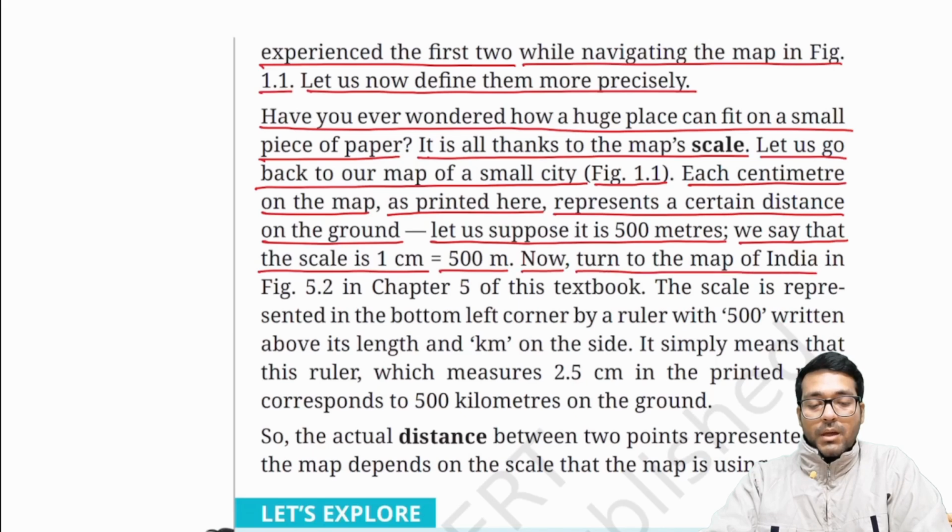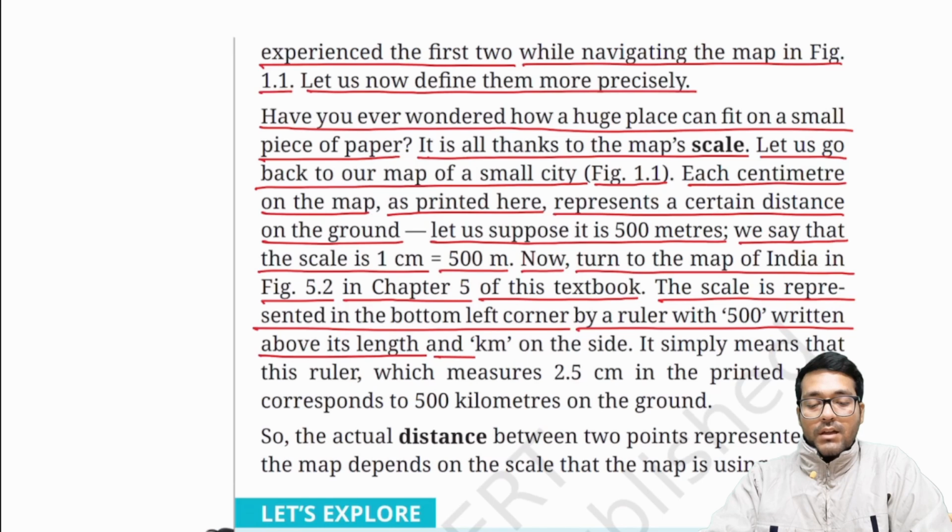Now turn to the map of India in figure 5.2 in chapter 5 of this textbook. The scale is represented in the bottom left corner by a ruler with 500 written above its length and kilometer on the side.